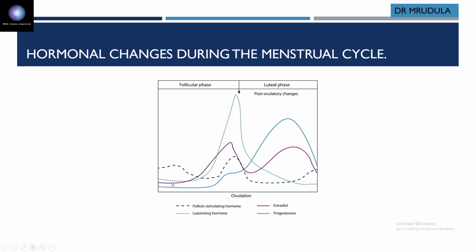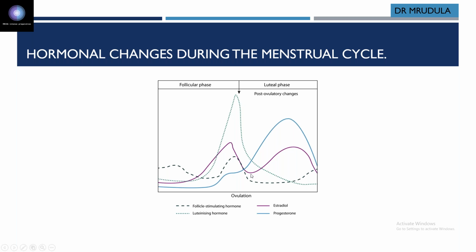Now the hormone levels in a routine menstrual cycle. You can see this dotted line is FSH. In the mid follicular phase, the FSH rises and is responsible for the recruitment of follicles. It rises again, then throughout the luteal phase the levels decrease, and at the time of menstruation this FSH level rises again. LH levels are at baseline till the LH surge, which is just before ovulation, and this surge occurs because of the positive feedback mechanism.